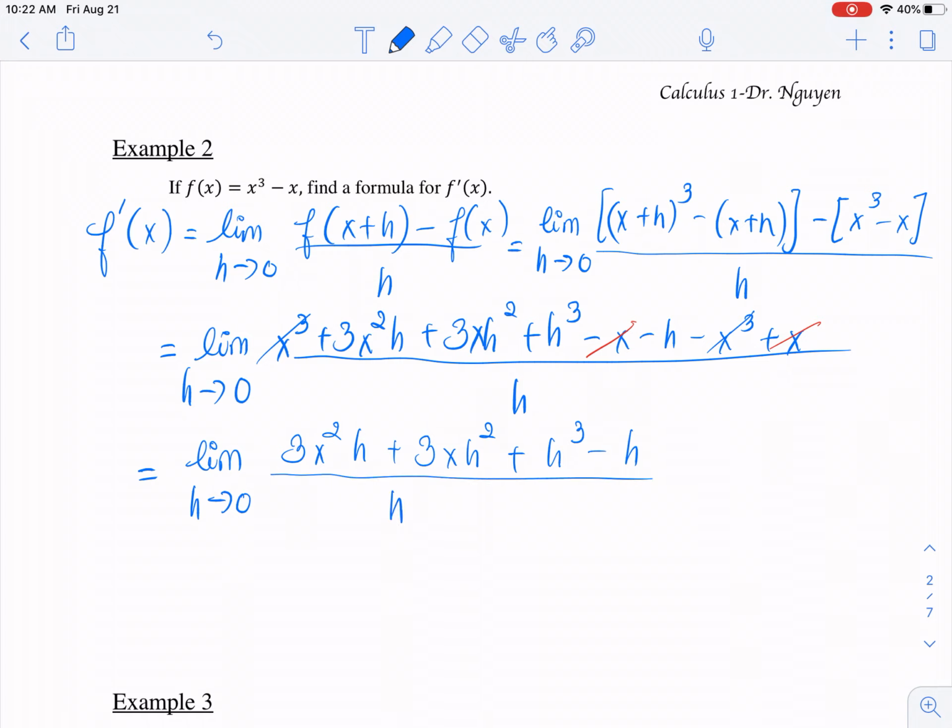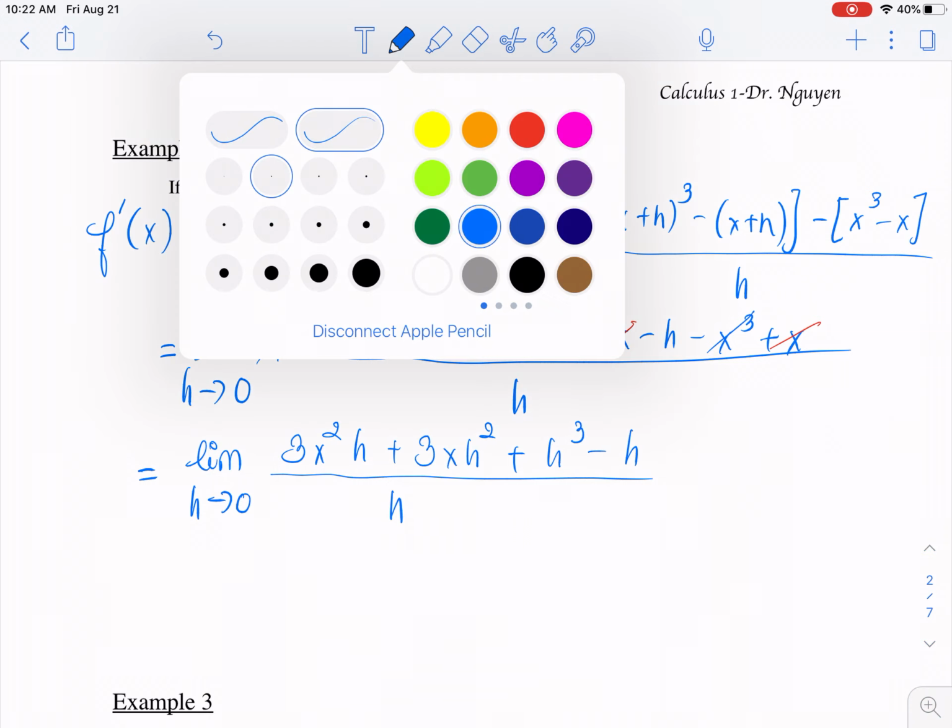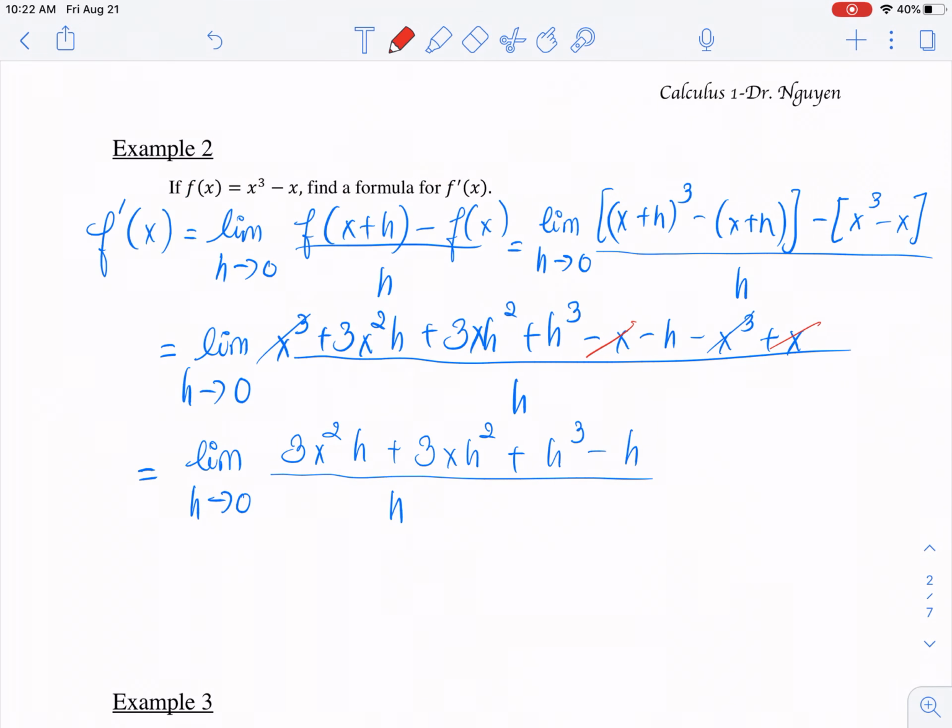If I factor out the h, I can simplify with the bottom. So I'm just going to cross it out here. Pretend like I actually factored it out. This one has 2h, so I'm going to cross out that one, and this one we change to 2, and this one we get 1.